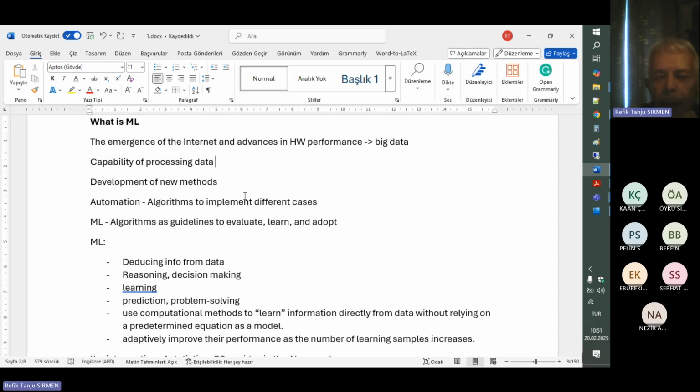So they collect any type of data, purposive or not. I mean, they may have some specific purpose in mind or not.